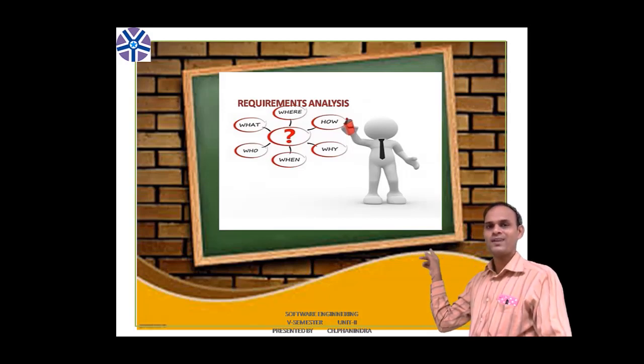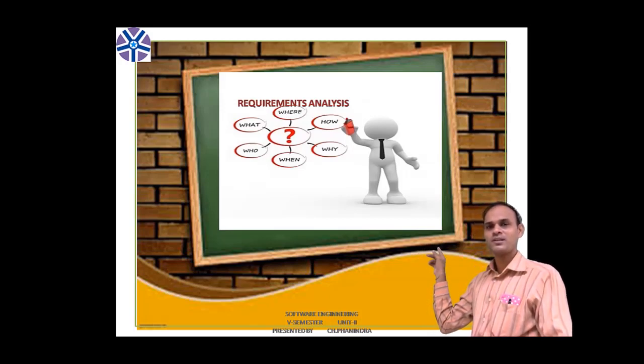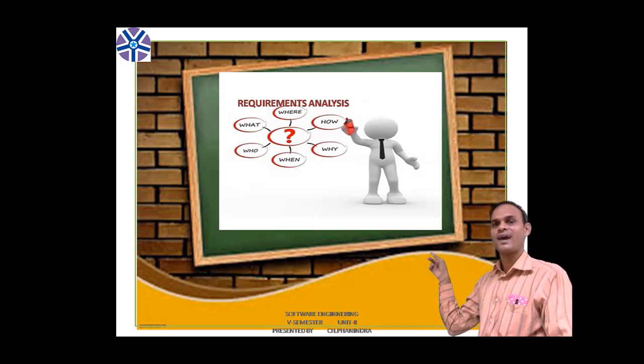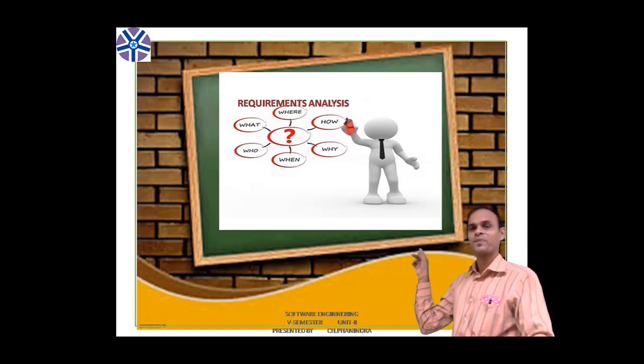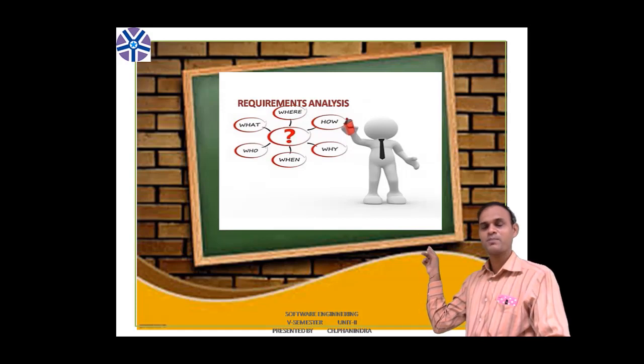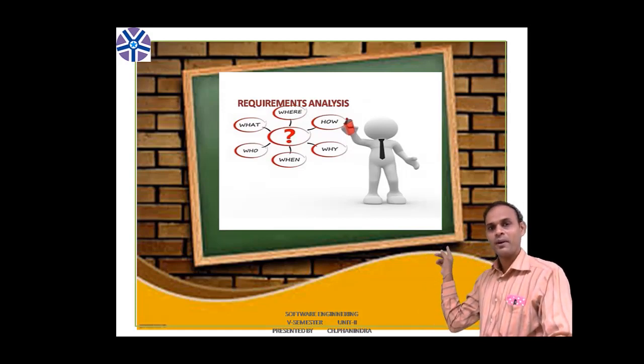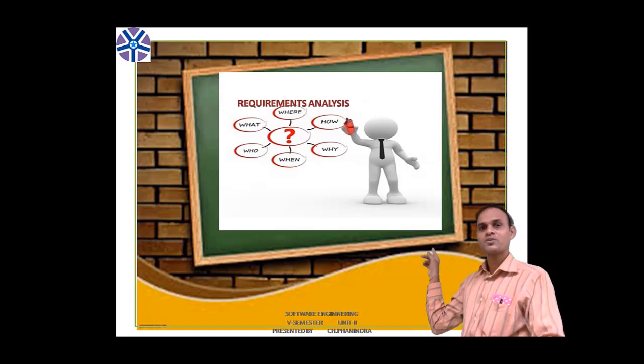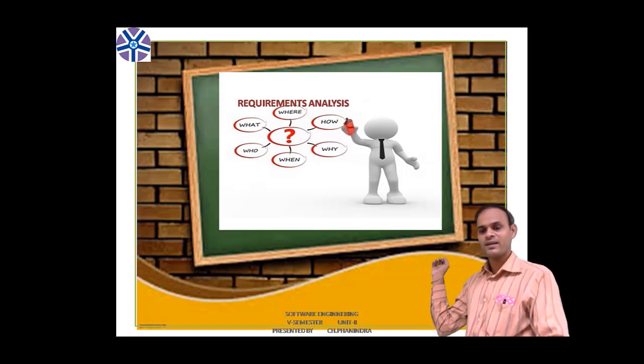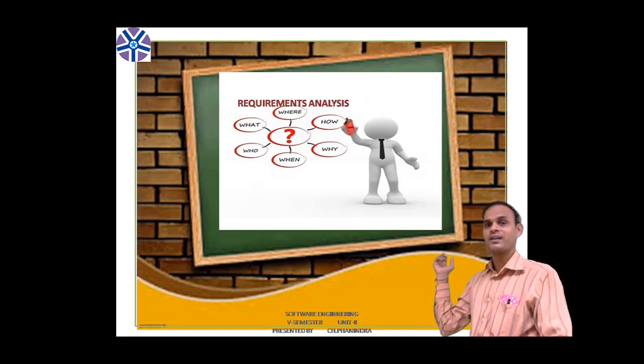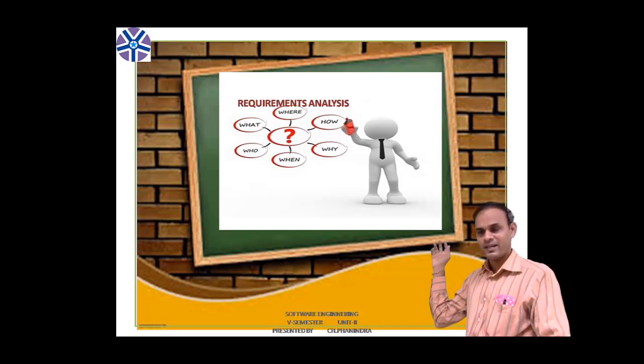What, who, when, where. Based on these we can gather information. That is called the WH5 principles, proposed by Barry Boehm. Based on these 5 questions, we can identify and analyze the requirements. These are the process we follow to gather the requirements.